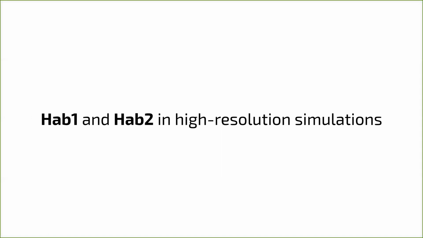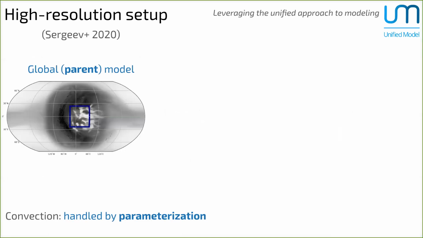namely how HAB1 and HAB2 look in the high resolution simulations for the substellar region. The high resolution setup is analogous to what is described in my paper published in the Astrophysical Journal this year.